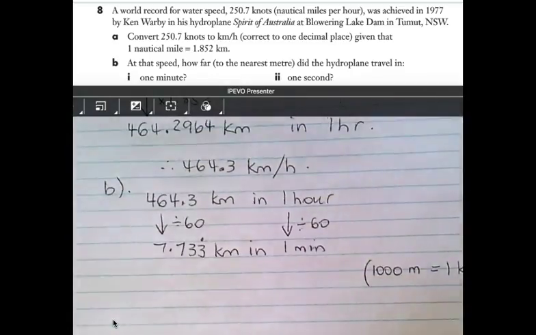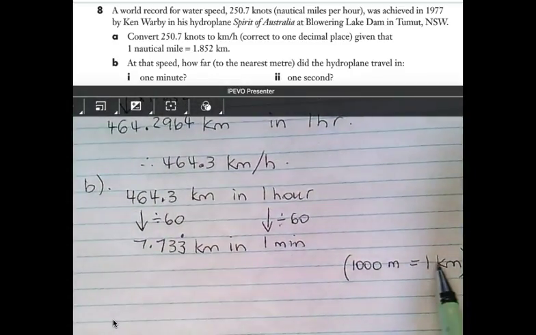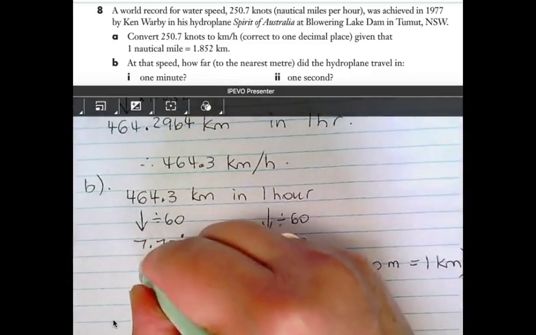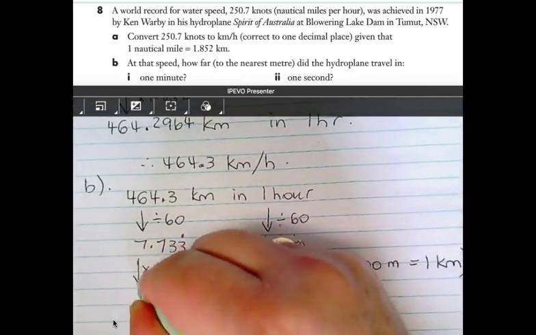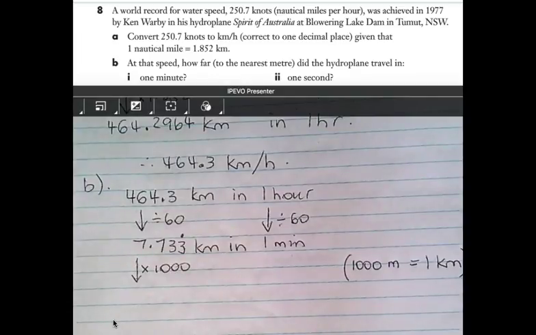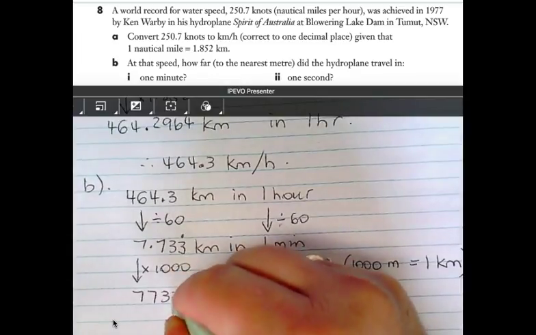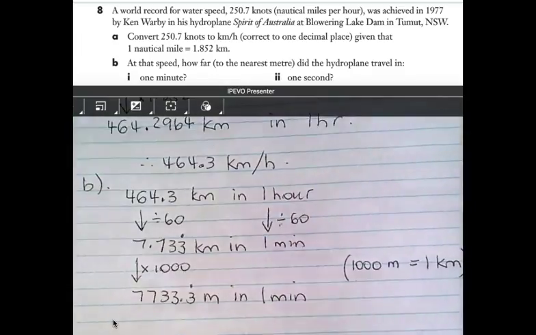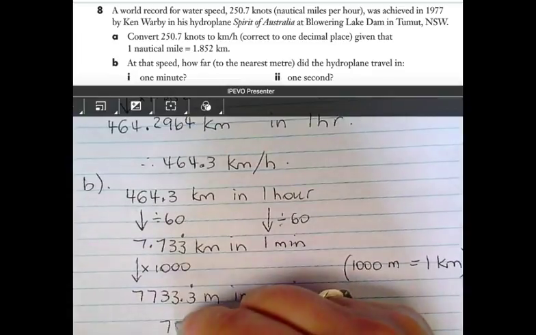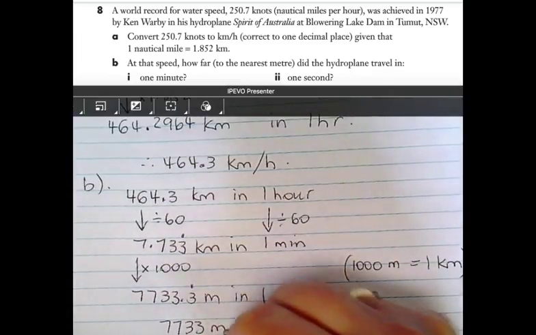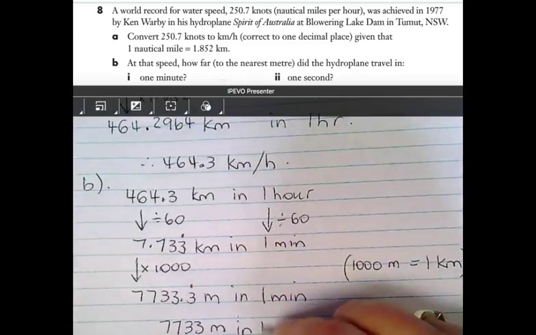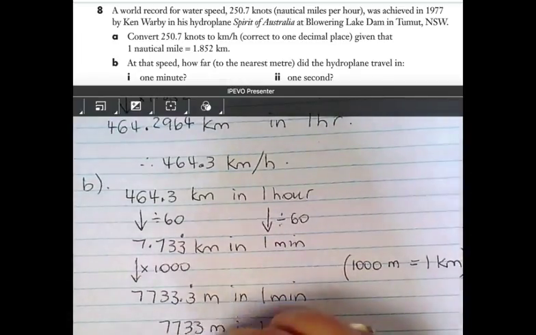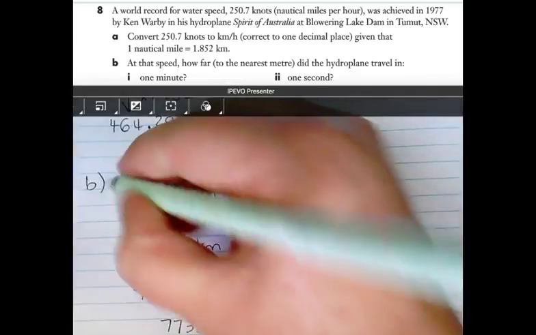So if I want to convert this quantity to metres, going from kilometres to metres, I get a bigger number, so I need to multiply by 1,000. Keeping that answer in your calculator, times it by 1,000, and we will get 7738.3 recurring metres in 1 minute. So to the nearest metre, this is 7,738 metres in 1 minute. That's a fair distance. So that's the answer to B, part 1.